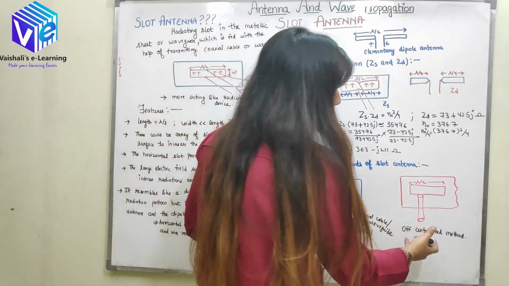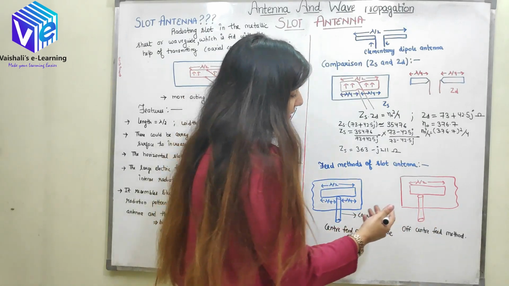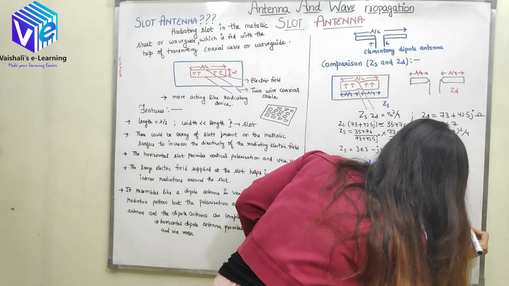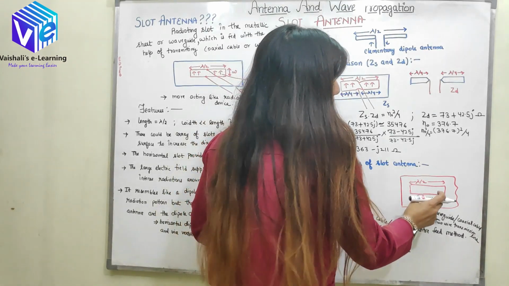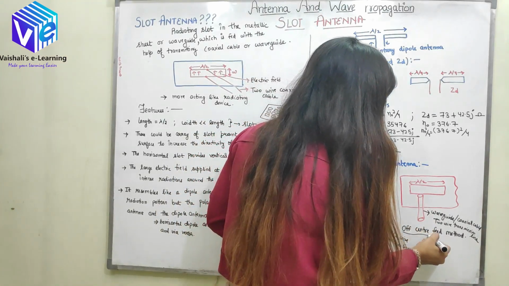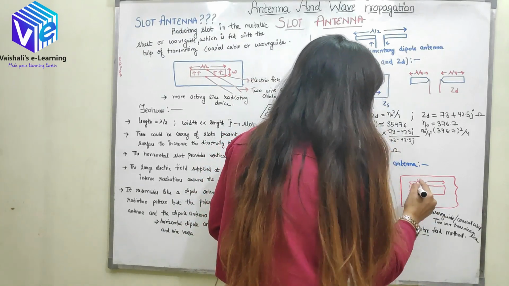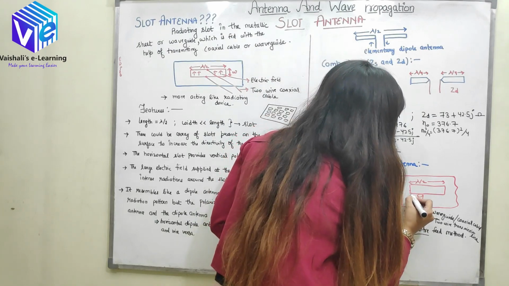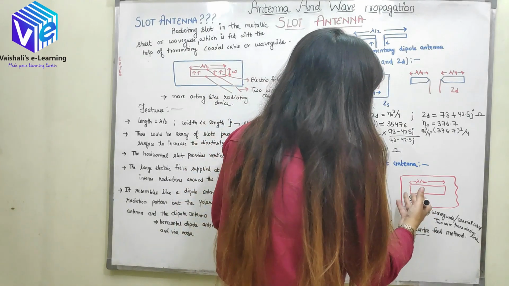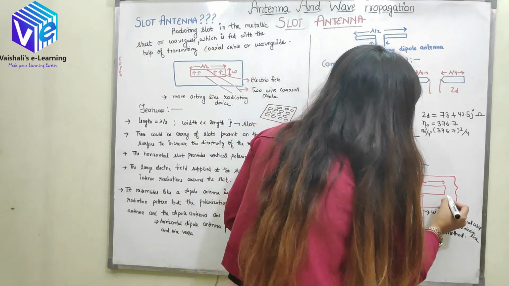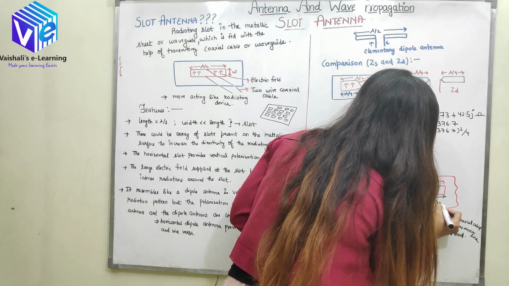Now second is off center feed method. Again, this could be anything, a waveguide or a two-wire or coaxial cable. As the name suggests, it is off center, which means it is not at the center. If this is lambda by 2, the feed is applied at lambda by 20 distance from one end, and similarly from the other end it would be 19 lambda upon 20.